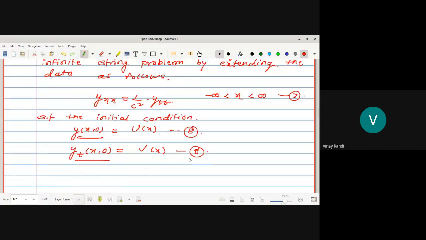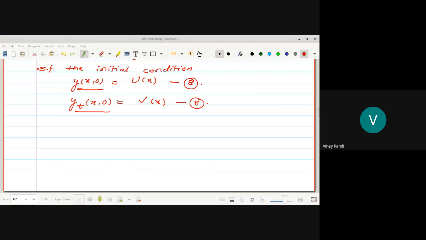Give it equation number 9, where capital U of x and capital V of x are defined.